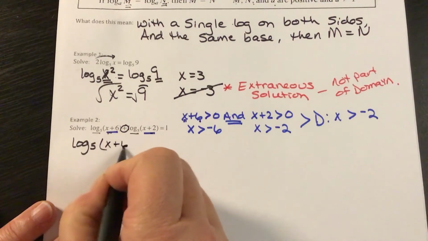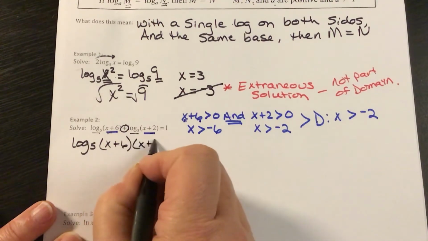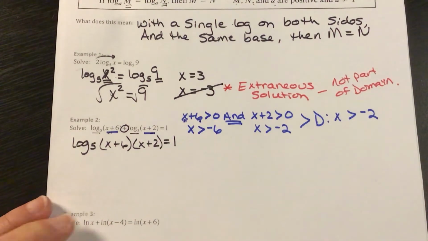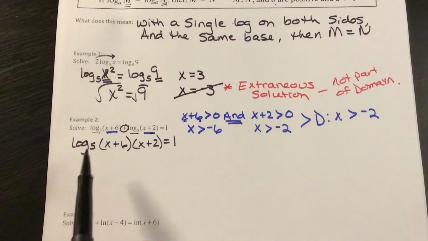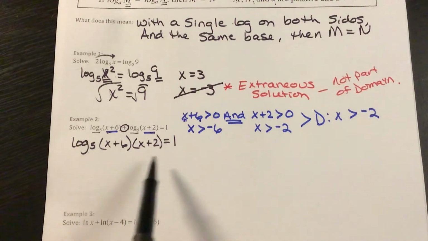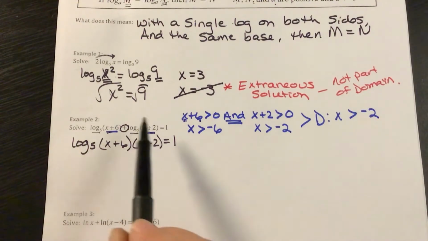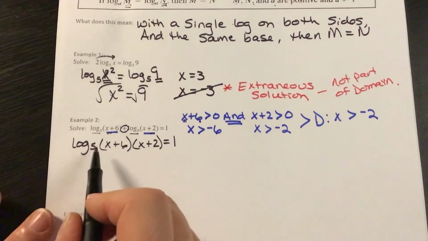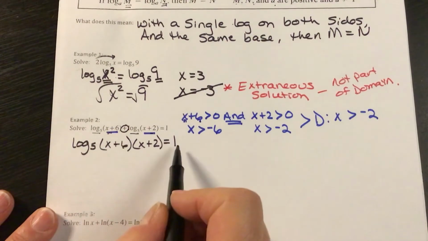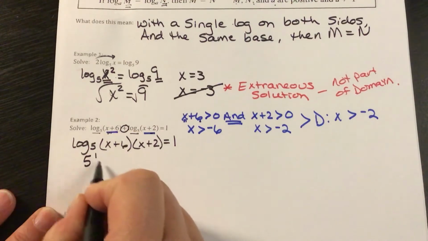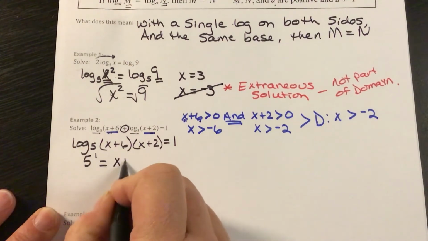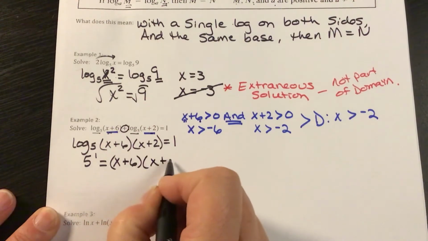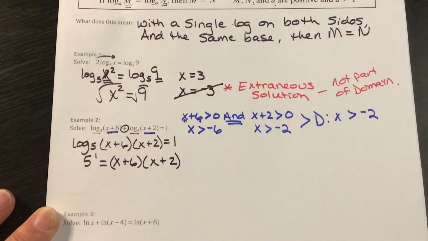So x plus 6 and x plus 2, and that has to equal 1. Now, if I were to solve this equation by writing the exponential sentence, I have 5 to the first power equals x plus 6 times x plus 2.